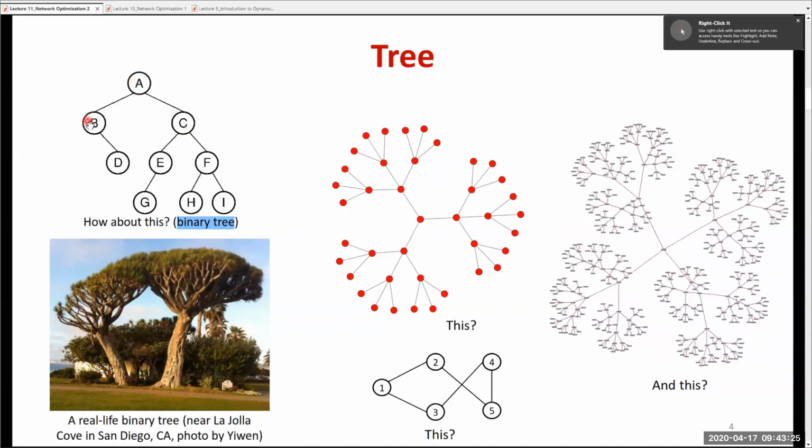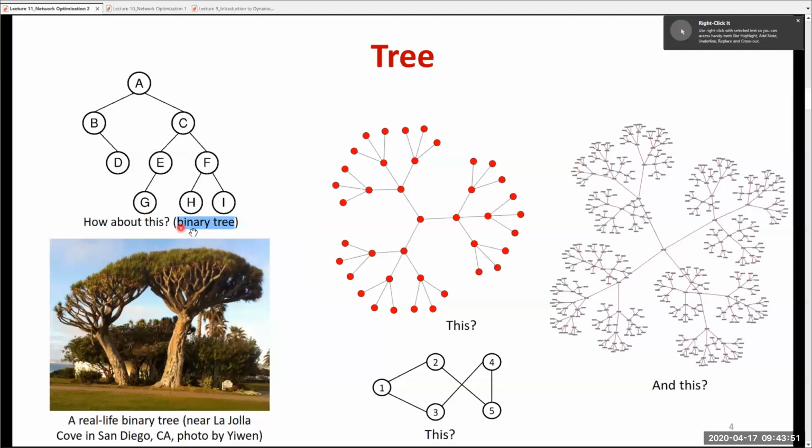From each node, you have only 2 child nodes. This is called a parent node, and these are called child nodes. Each node has at most 2. You can have 0, which means it's a leaf of a tree, or you can have 1 child node, but you cannot have more than 2. So it's a binary tree.